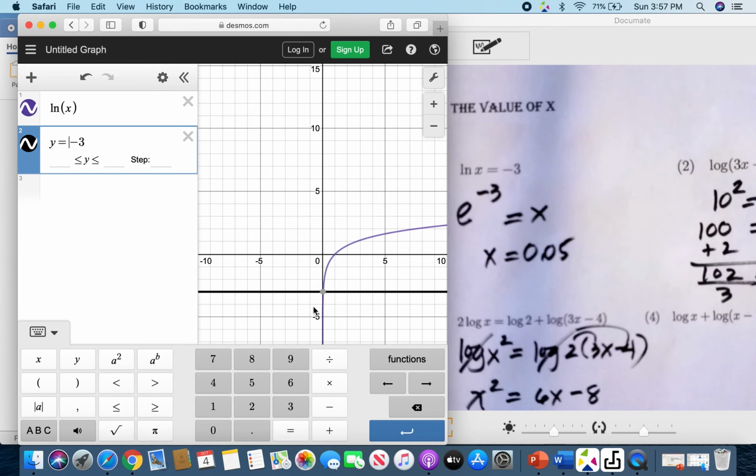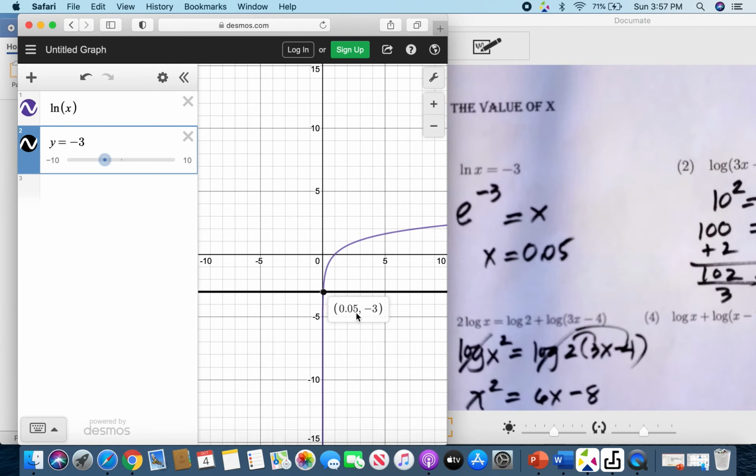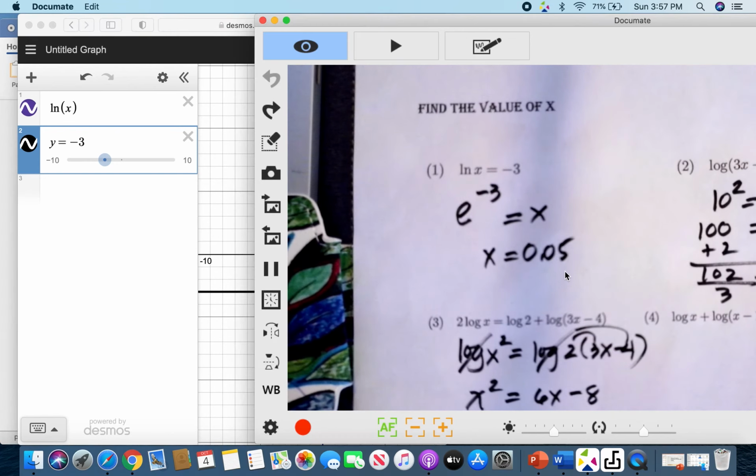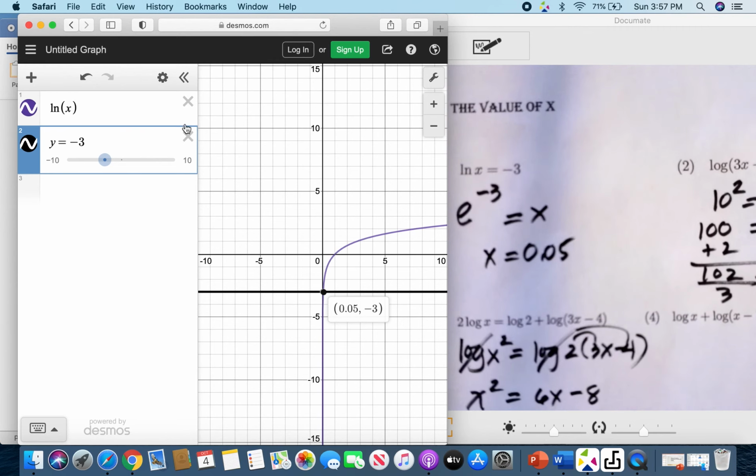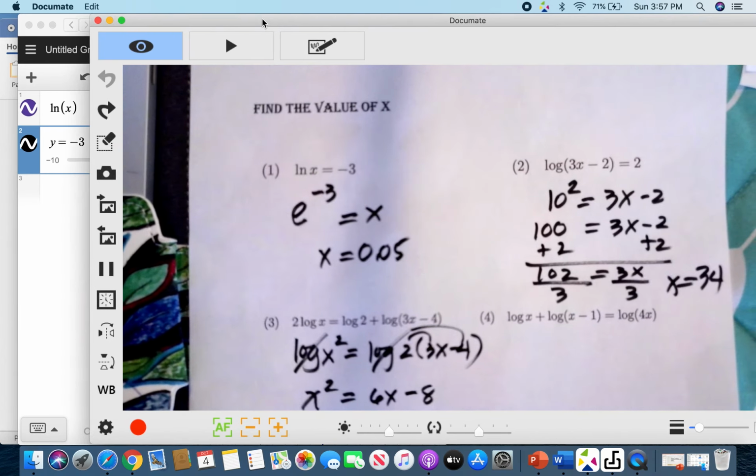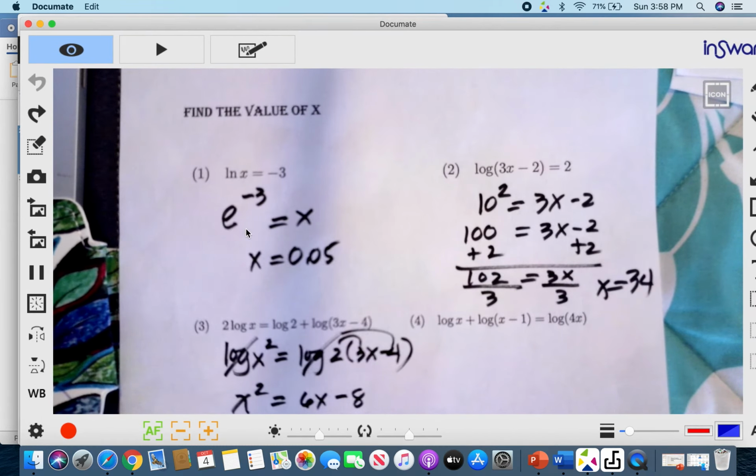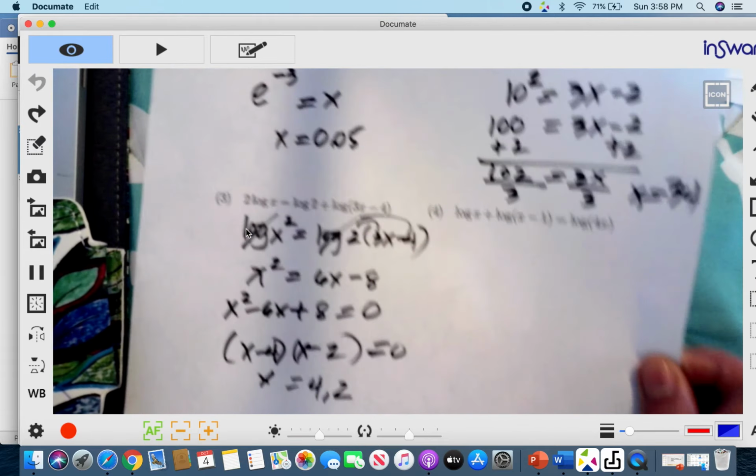You would see that the point of intersection is at 0.05. Okay, so all of your equations can be solved using this strategy by just finding the point of intersection. But still, I'd like you to know the algebraic strategy on how to solve your problem.